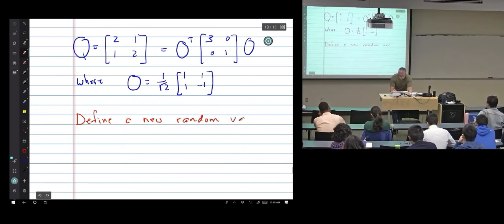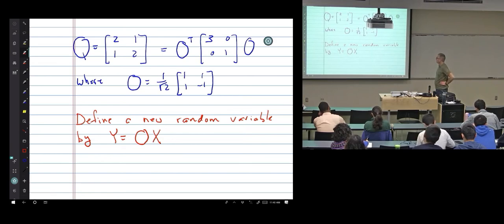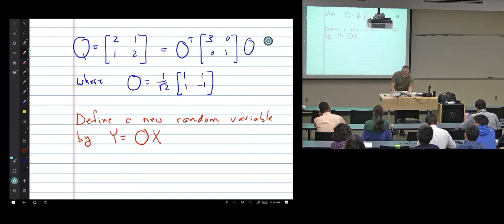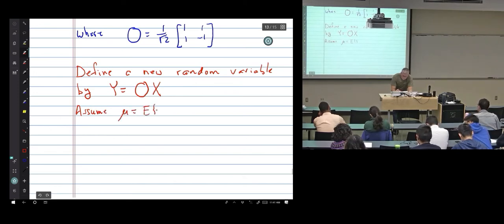Define a new random variable by y equals my orthogonal matrix times x. Let's assume that the mean of x is 0, just to make things simple.